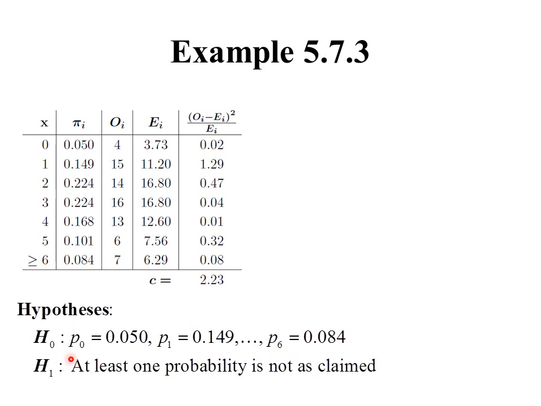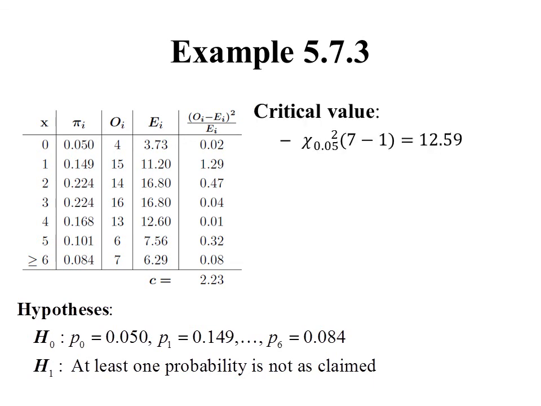So the null hypothesis is really a collection of 7 equalities in this case. And then the alternative hypothesis is that at least one probability is not as claimed. Maybe one is different, maybe all 7 are different, maybe 2 are different, I don't know. But at least one is not as claimed. That's the alternative hypothesis.